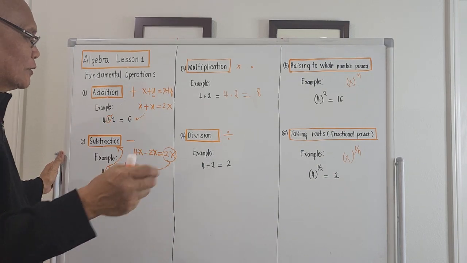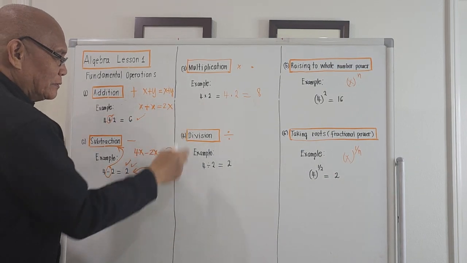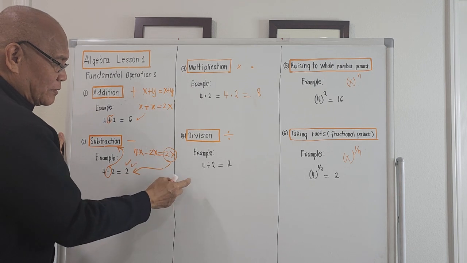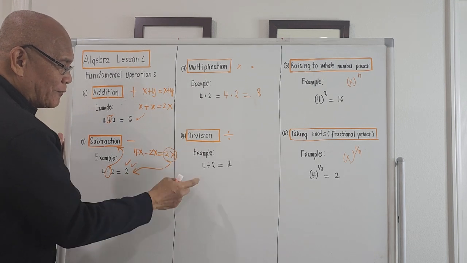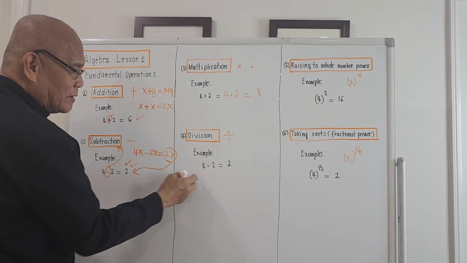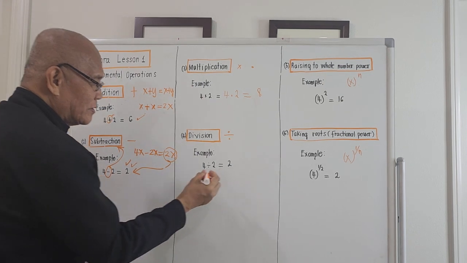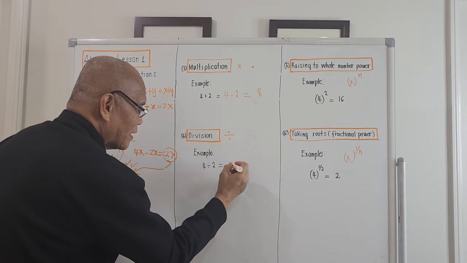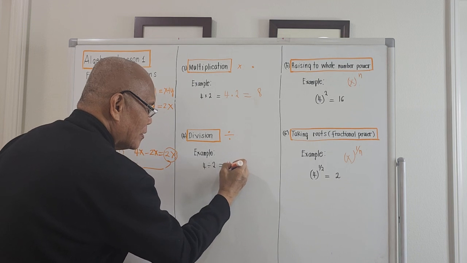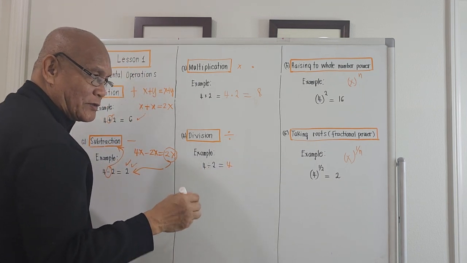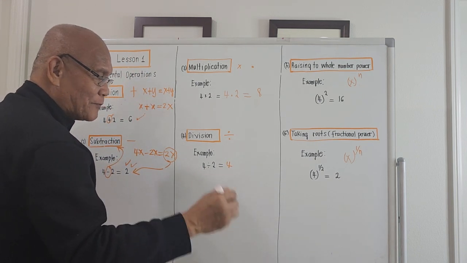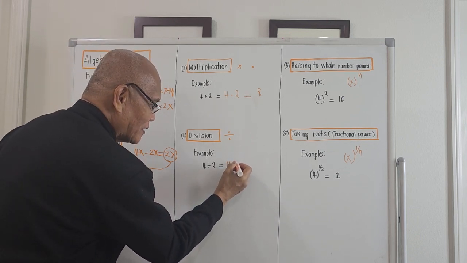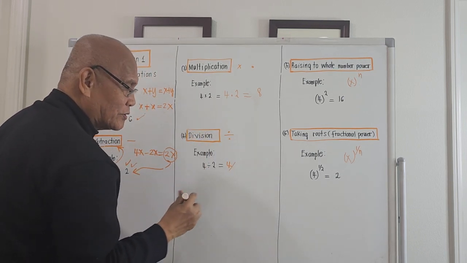Okay, for the division, same numbers, 4 and 2. The symbol for division is this one. Or by default it is something like this. If we are writing on our exam paper, sometimes we use a slash, and it is considered division, right?